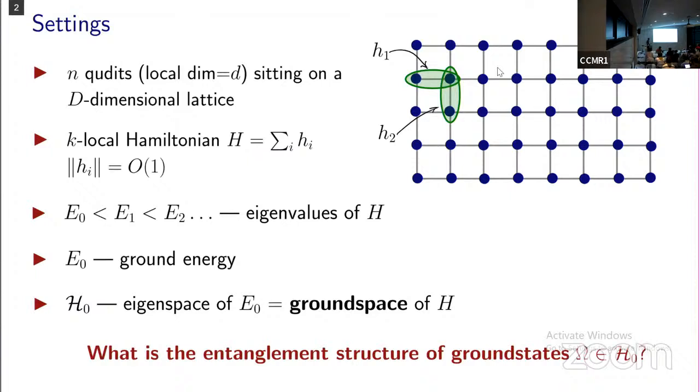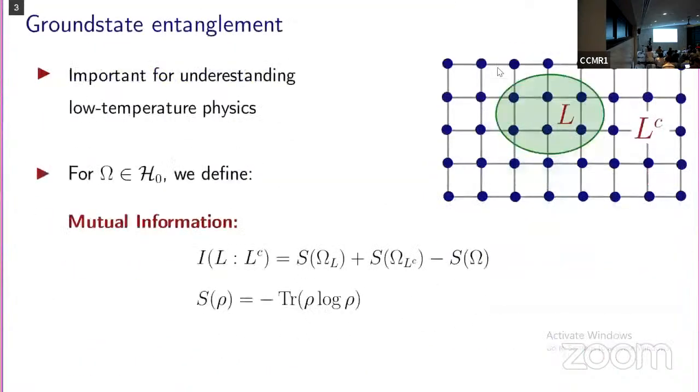A major question that people ask, in particular in physics, is what is the entanglement structure of states in this eigenspace? What do we mean by that? If I partition the system into two parts, L and the rest of the system, how much entanglement do I have between these two parts?